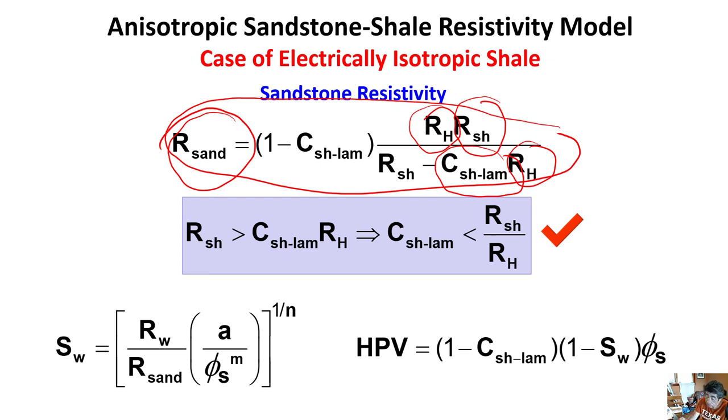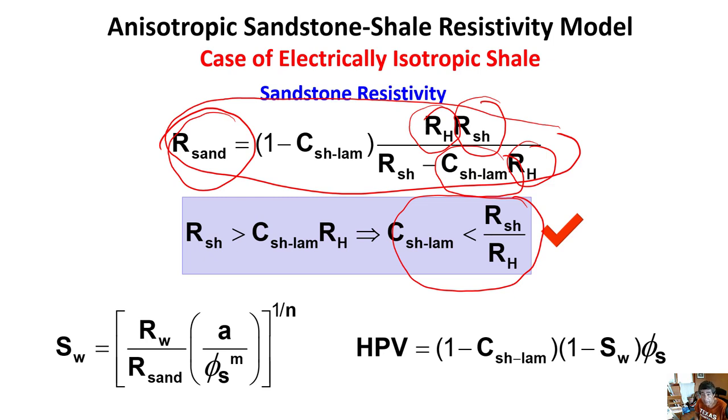So this calculation requires that the denominator be positive. It's an important thing. And in order to abide by that, we need the volumetric concentration of shale to be lower than the ratio of the resistivity of the shale over the resistivity of the measurement parallel to bedding plane.